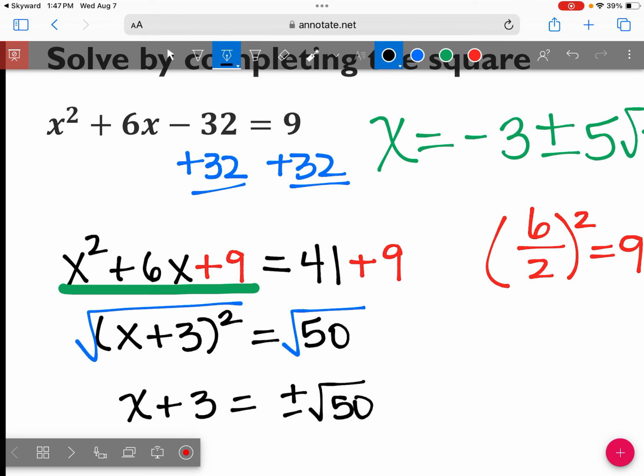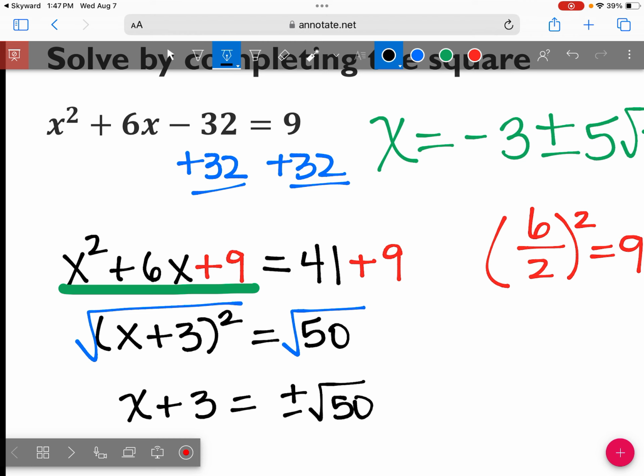So 50 is not a perfect square. But if you look at the list of perfect squares that we have over here on the board, which one of these numbers will divide into 50? 25. And 25 times what is 50? 2.